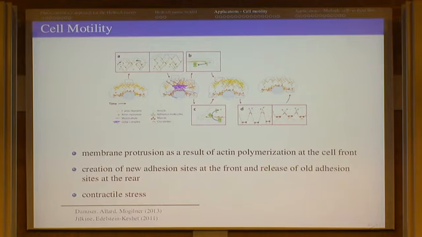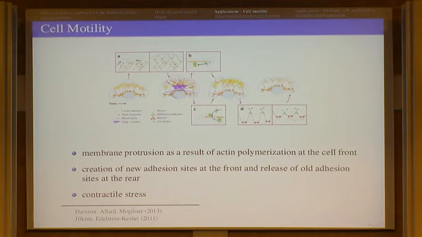And yeah, I found this sketch here in a nice review paper, and what we see here are the basic processes: of course, actin polymerization in the cell front. So you see here the actin meshwork, which polymerizes in the front and protrudes the membrane.